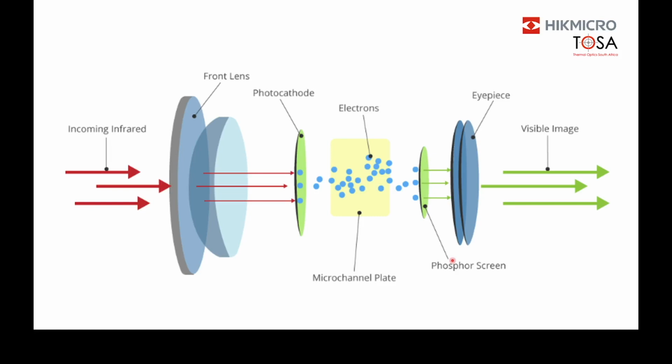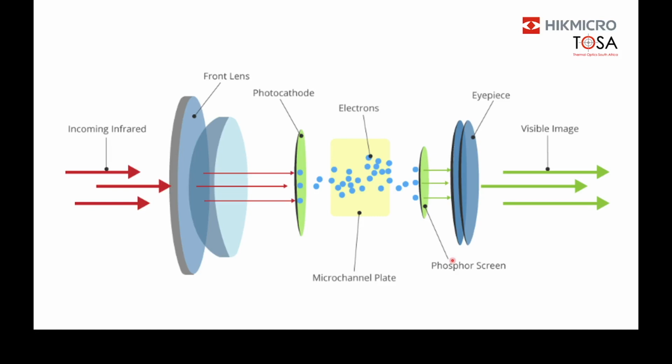So there you see a photocathode. What actually happens is that with a photocathode, I'm not going to go into the technical details of that, but the infrared radiation hits the photocathode and it knocks out, so to speak, electrons from the cathode. Those electrons are then accelerated towards a phosphor screen.